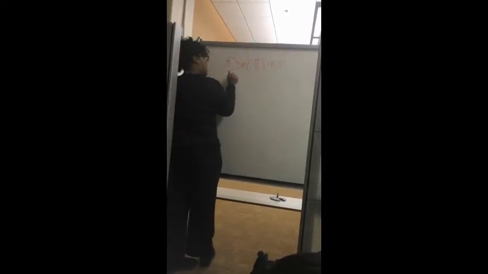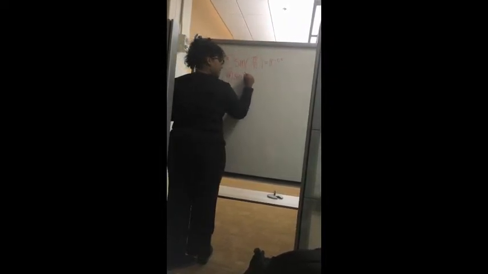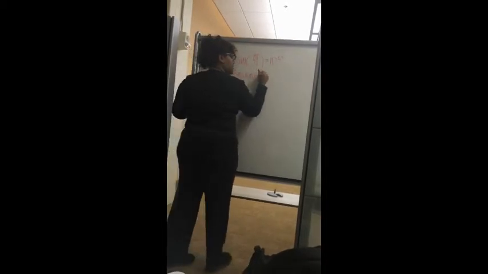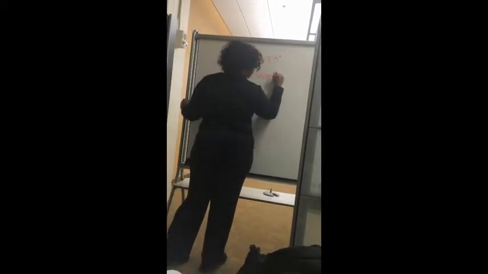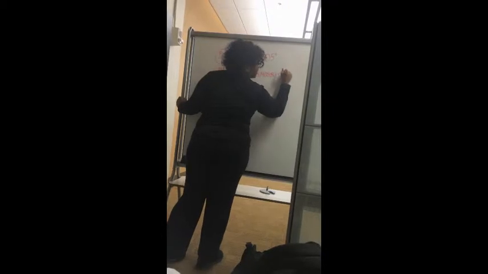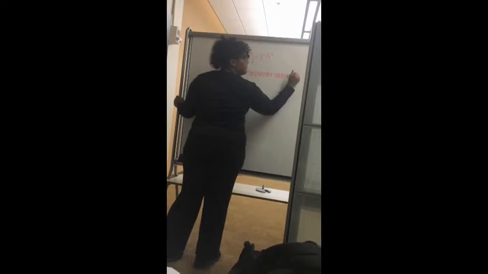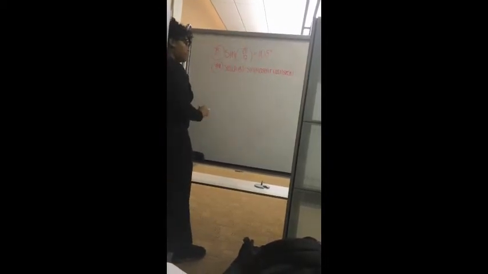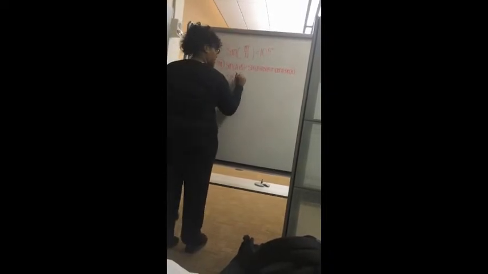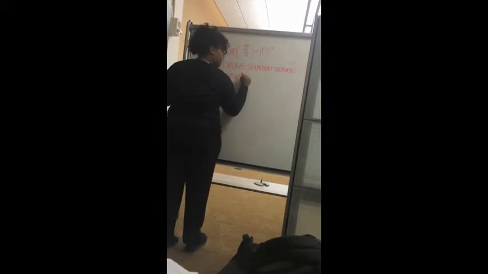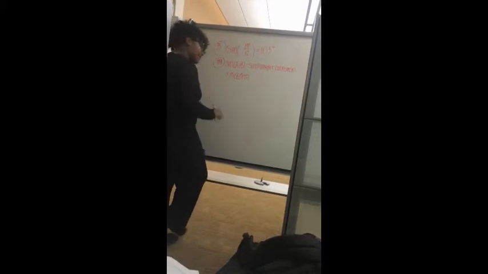I use number 11 identity, which is sine A plus B equals sine A times cosine B plus cosine A times sine B. Now you need to switch these to sine 60 degrees plus 45, and I got that because 60 plus 45 equals 105 degrees.